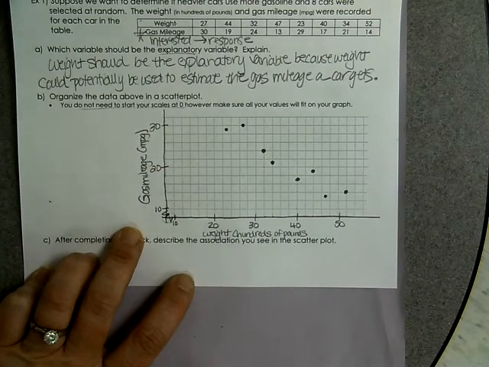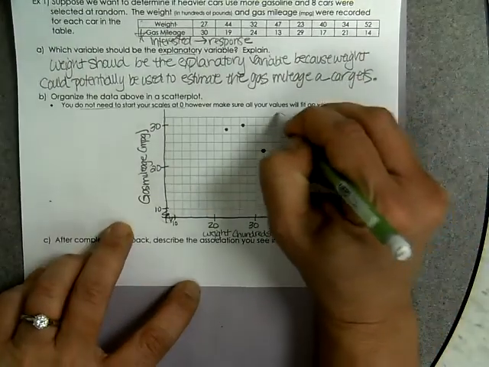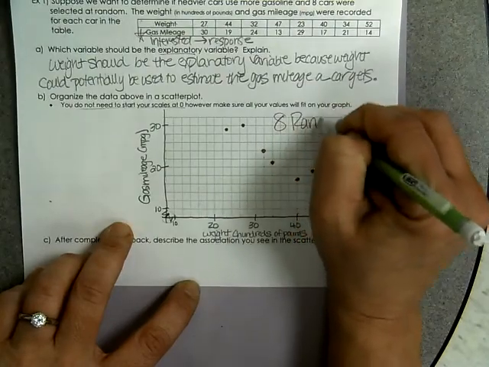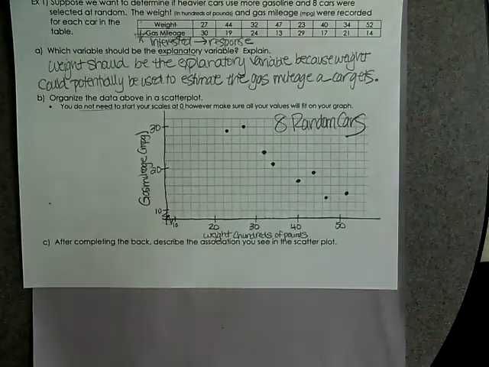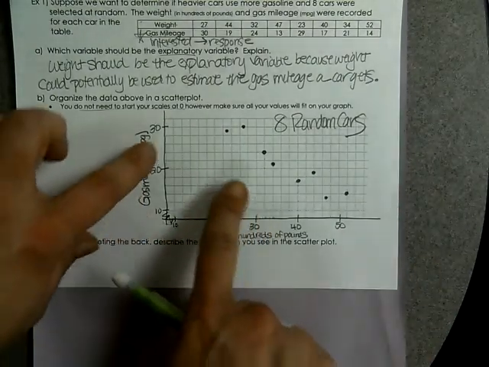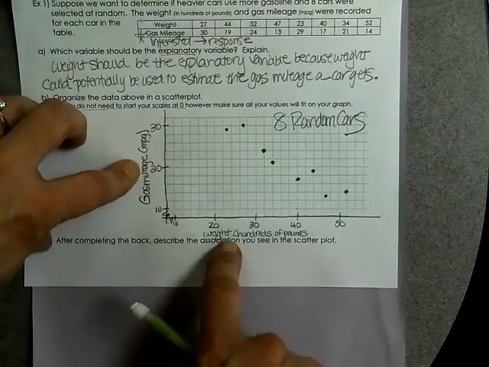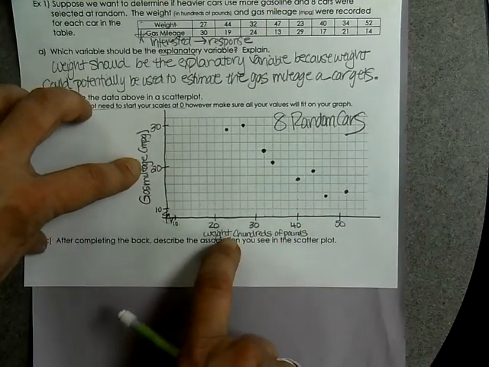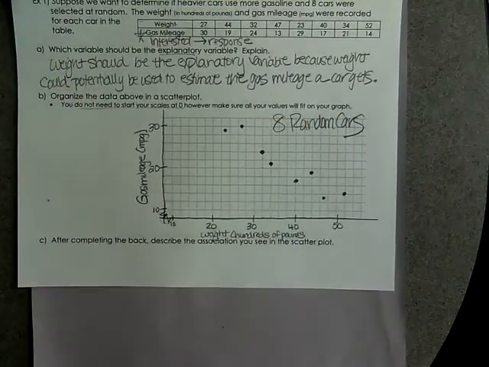They didn't tell us where these cars were, so I'm just going to title this 8 random cars, because that's all I know about it. So make sure that when you're making your scatter plot, you label the axes with what each variable represents, that you title it, and that you carefully plot.